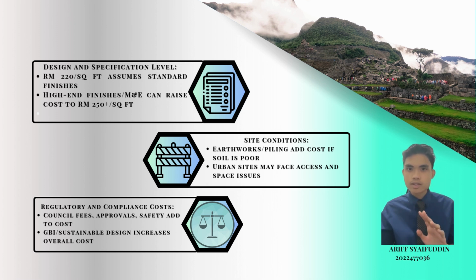Fifthly is site condition. If the land requires earthwork, piling, or has a difficult soil condition, additional costs will apply. Urban versus suburban location: an inner city project may face space and access constraints, affecting construction duration and logistics.